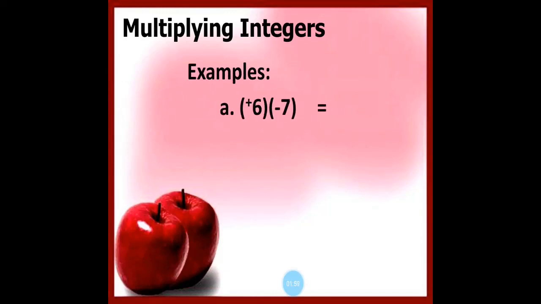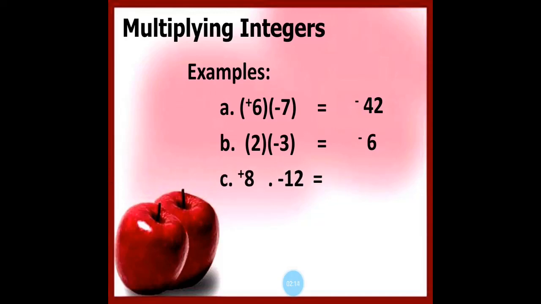Positive 6 times negative 7 is equal to negative 42. 2 times negative 3 is equal to negative 6. Positive 8 times negative 12 is equal to negative 96.